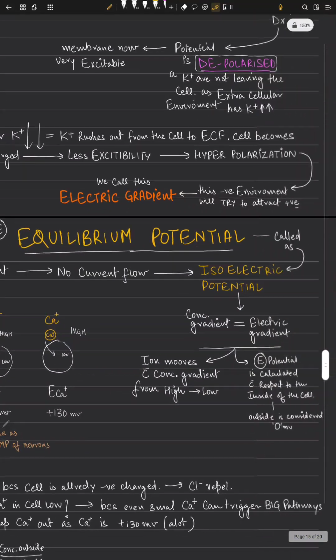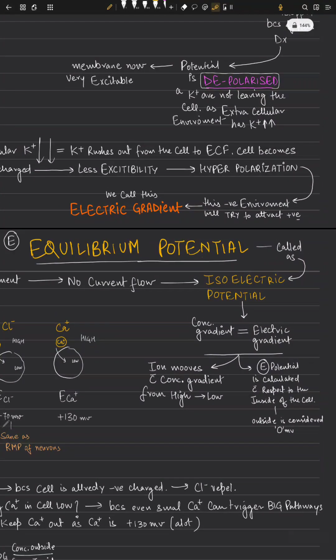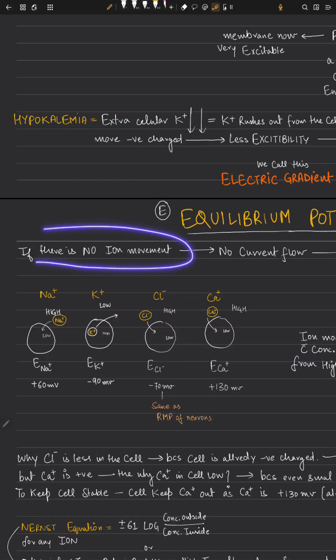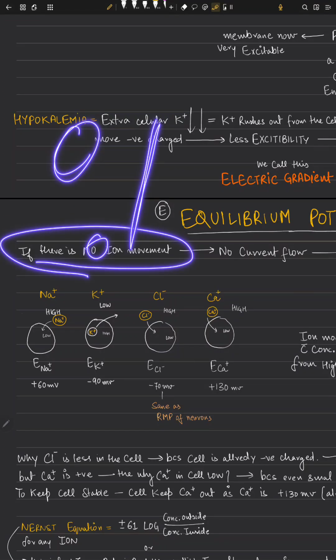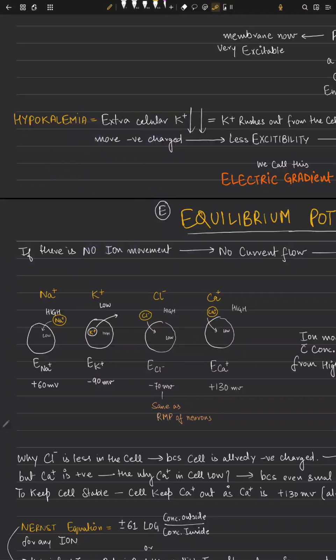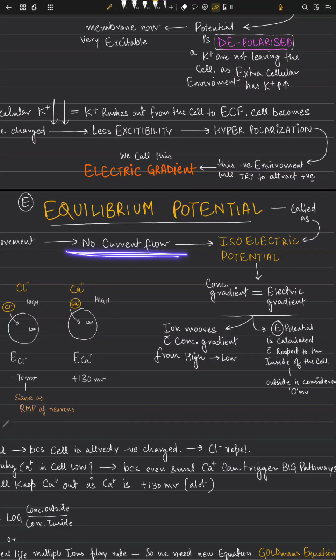What is equilibrium potential? We call it that because there is no ion movement, because outside and inside have both achieved equilibrium, nirvana. So there is no current flow. We call this isoelectric potential. There is no transfer of ions. So the concentration gradient of the ion equals the electric gradient of the ion, and we have achieved equilibrium.